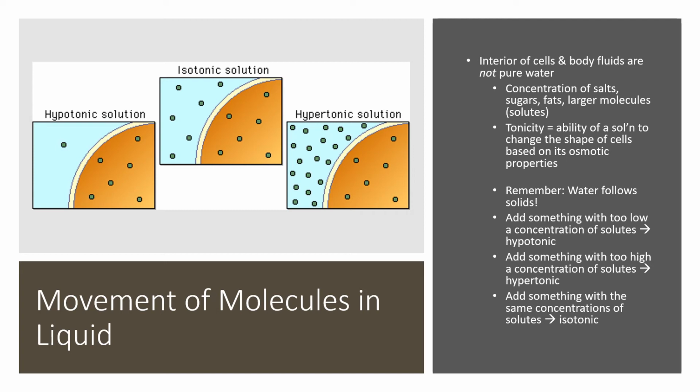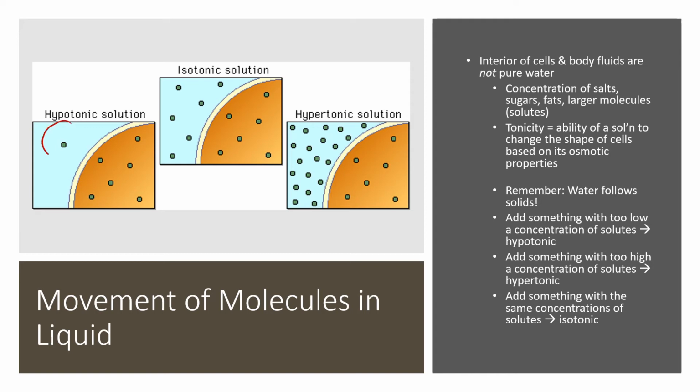The ability of a solution to change the shape of cells based on its osmotic properties, based on the difference in concentrations, refers to tonicity, in other words. We have hypotonic solutions, isotonic solutions, and hypertonic solutions. These are all relative terms that compare the solution on the outside of a cell to the inside of a cell.